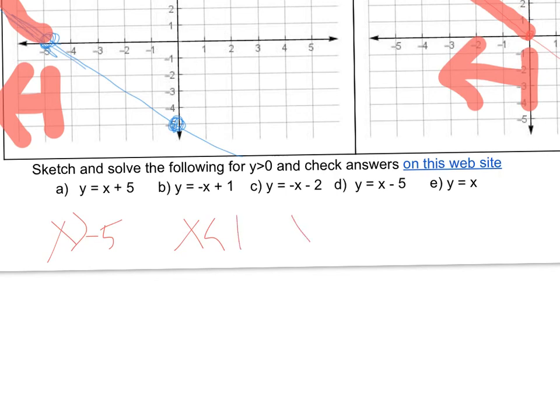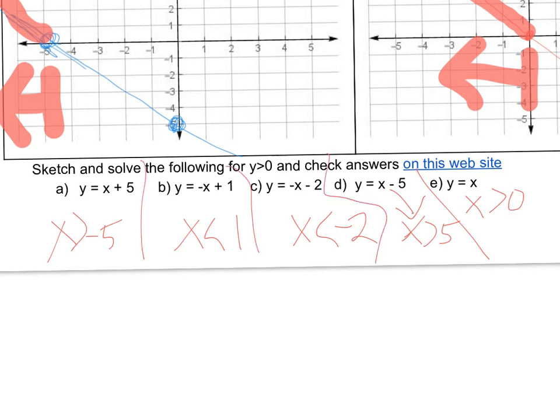The third one, x is going to be less than, sorry, I'm thinking through this as I'm doing it. Less than negative 2. And for this one, x will be greater than 5. And for this one, x is greater than 0. So that goes there, that goes there, that goes there. So those are your answers.